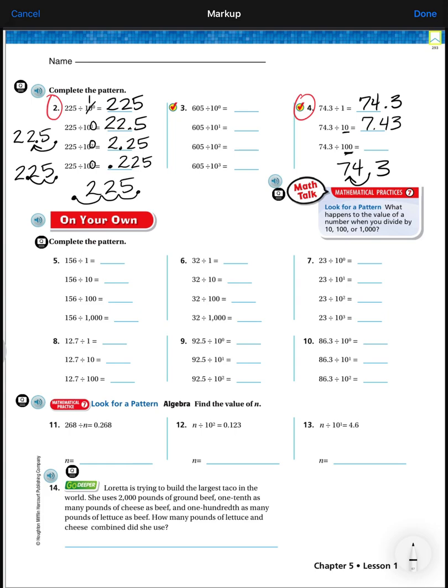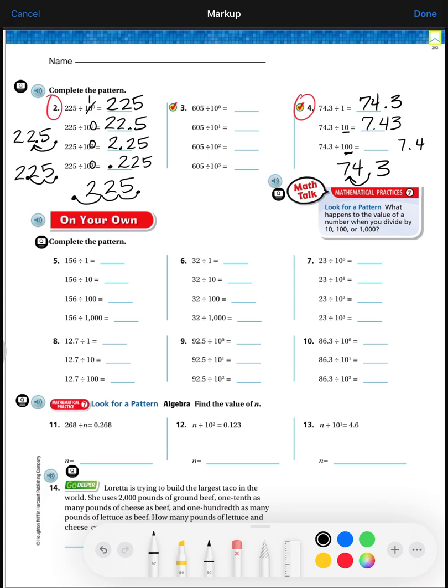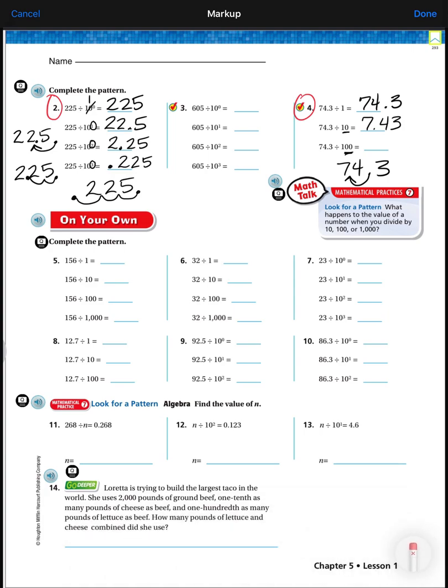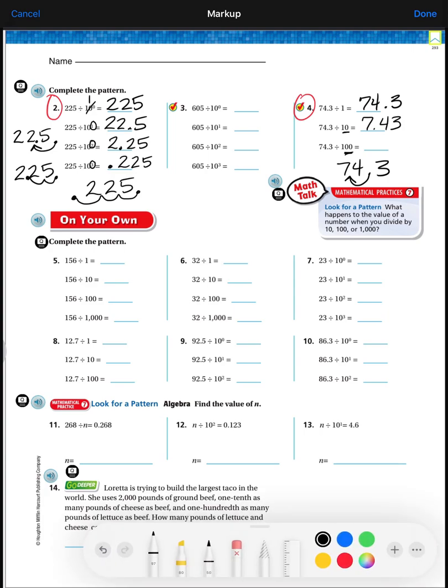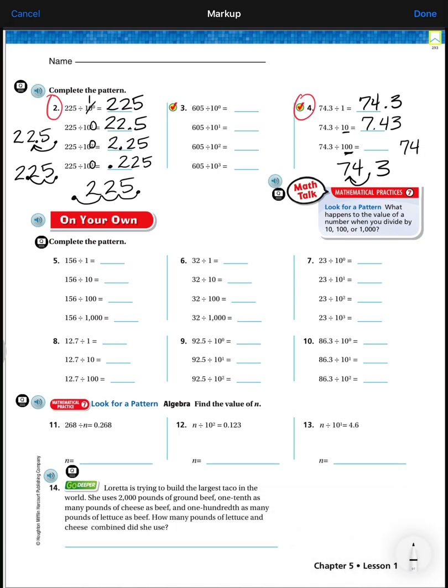Okay. Same for the last one. 100 has 2 zeros. So that's going to tell me that I move, let me erase this. There we go. 74.3, 3 places to the left. 1, 2, 3.